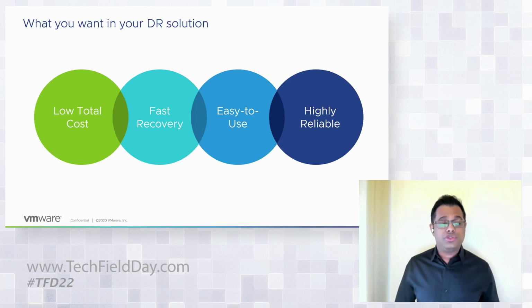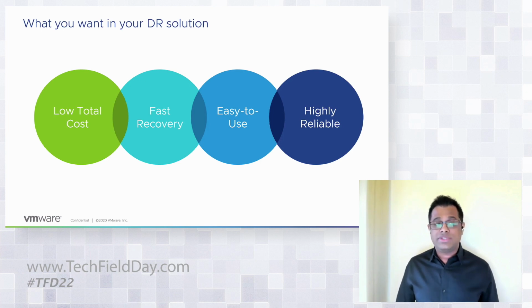But fast recovery is super important as well when you're talking about DR, because downtime is expensive, right? And the quicker you can recover from an outage, the more manageable the adverse impact to your business. Ease of use is super important and often gets overlooked when organizations are evaluating their DR options.